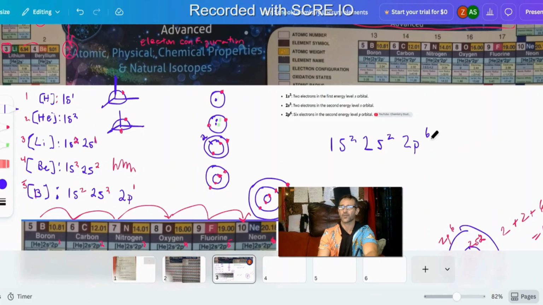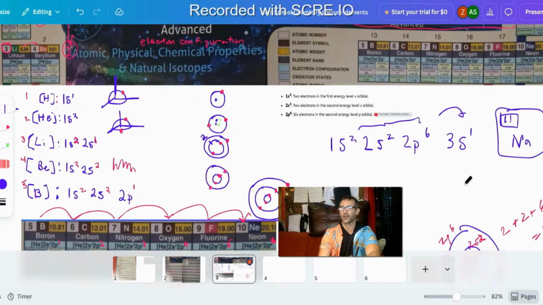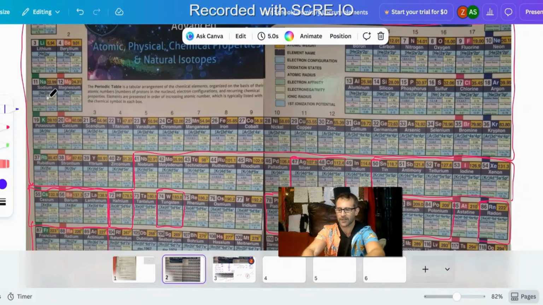But if I proceed to sodium, now it's 3s1. So I got 10 here, that was neon, but I gained another. That's what that 11 means on sodium down there. So sodium would have an atomic number of 11. And so then that's just electron configuration right there. So if you look at the periodic table, that's exactly what it should look like. You should see that 11.